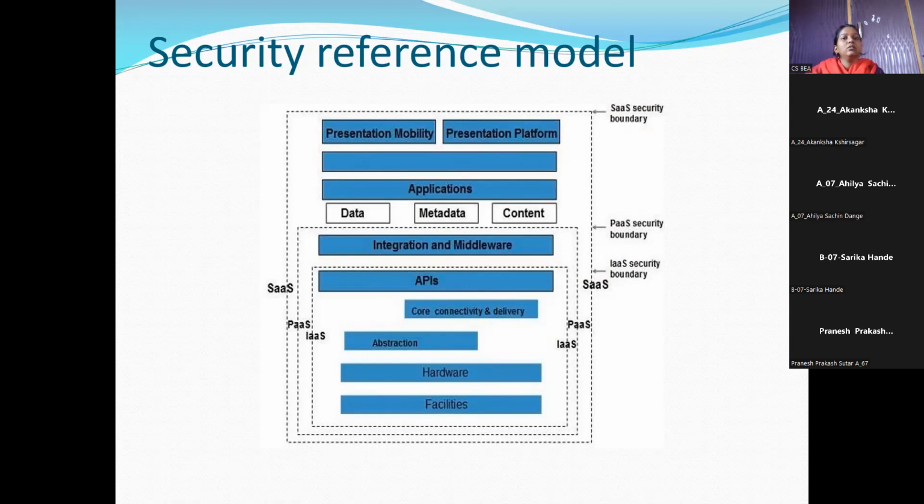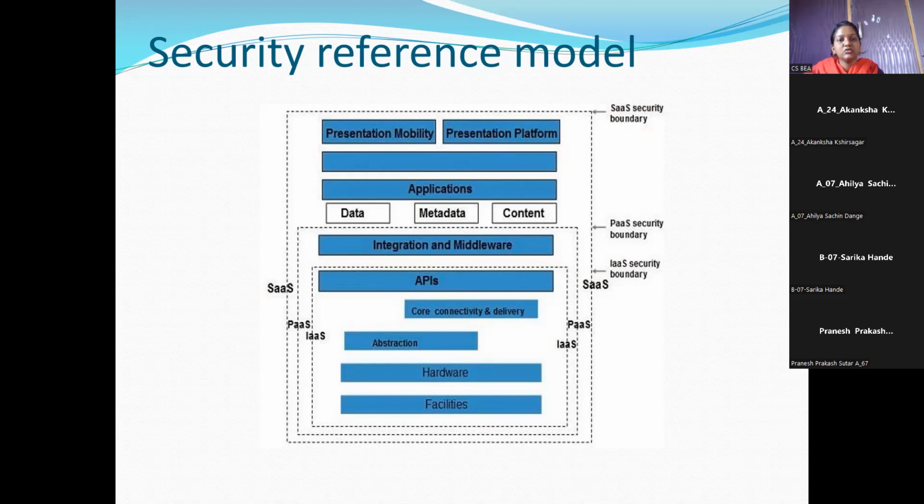Okay, so understand this particular security of cloud. Security boundaries. A particular service model defines the boundary between the responsibilities of the service provider and the consumer. So the Cloud Security Alliance, that is CSA, stack model, defines the boundaries between each of the service models and shows how different functional units relate to each other.